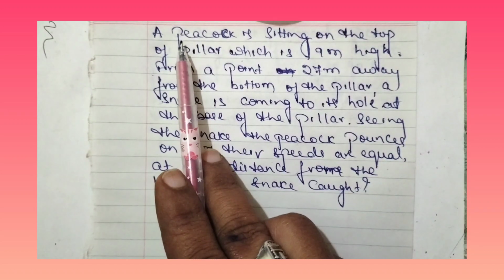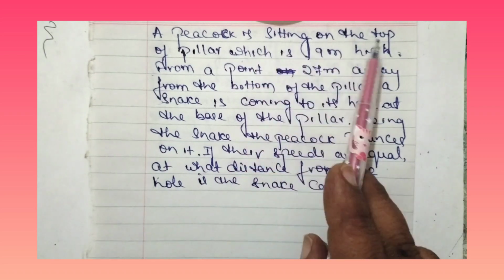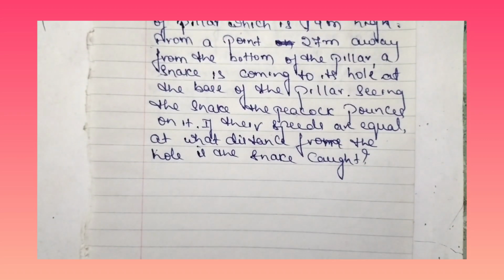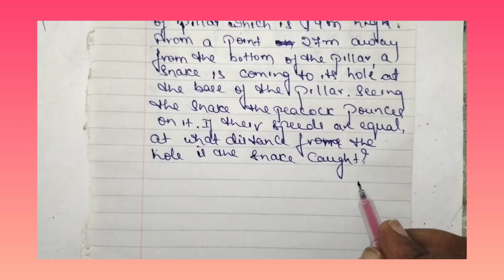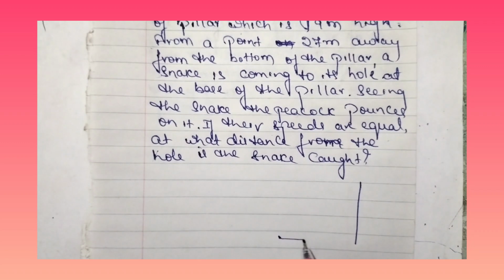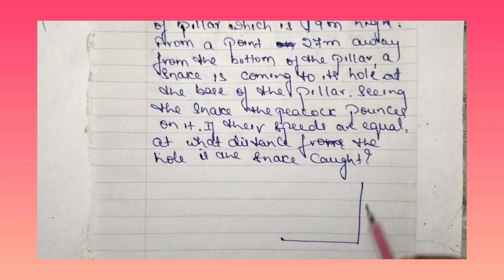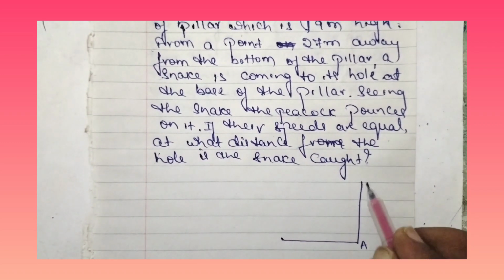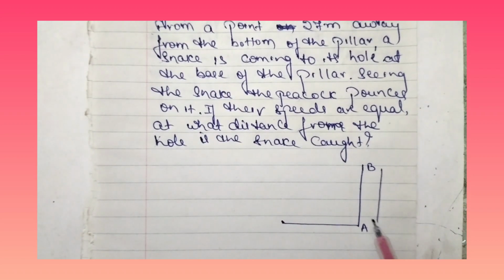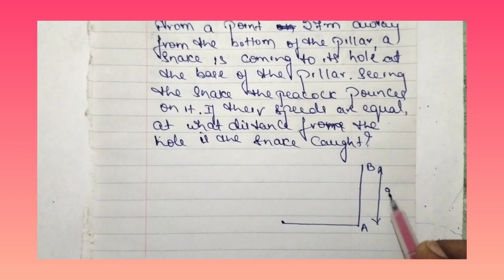The next question is: a peacock is sitting on the top of a pillar which is 9 meter high. Now let us draw one pillar on the level ground. Here I will take AB as the pillar, and the height of the pillar is 9 meter.